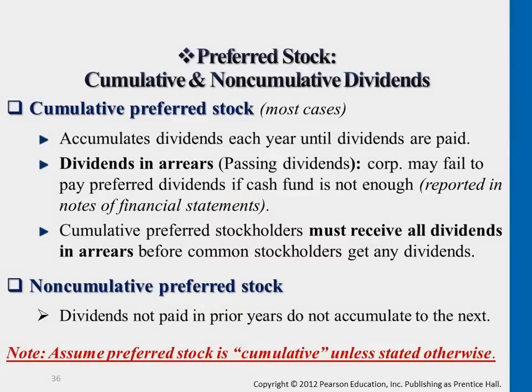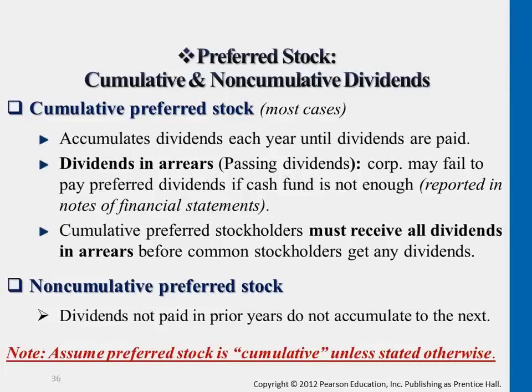Okay, so this basically summarizes what I just talked about: cumulative preferred shares and non-cumulative preferred stock. For non-cumulative, dividends not paid in prior years do not carry on to the following year. It doesn't accumulate. As opposed to that, for most cases, with preferred shares, anything that they didn't get this year, that the company didn't declare to reach the amount they are supposed to get this year, will carry on to the following year.